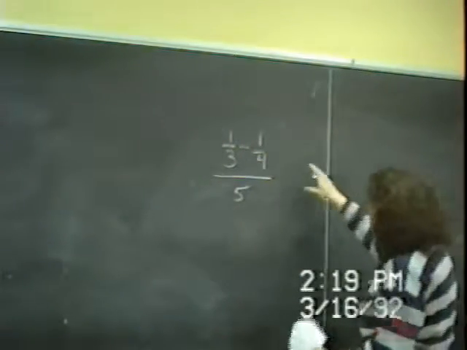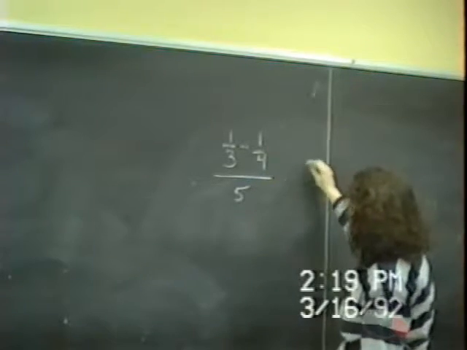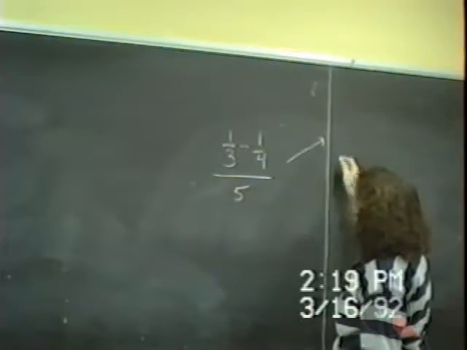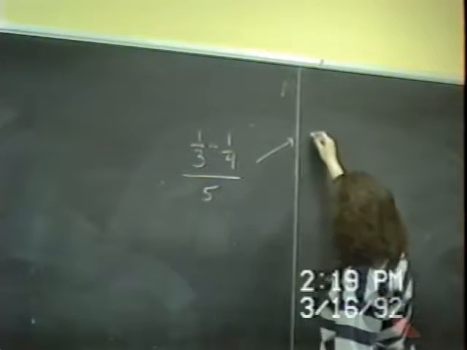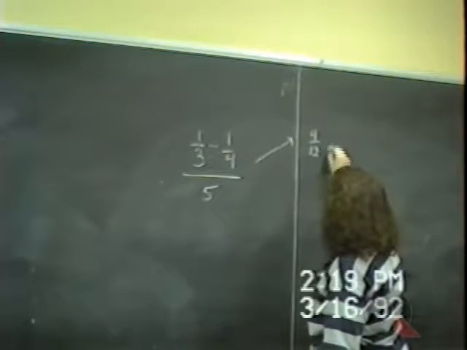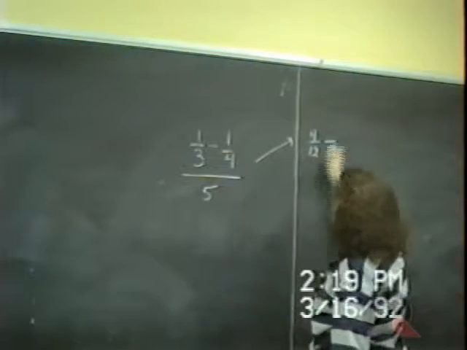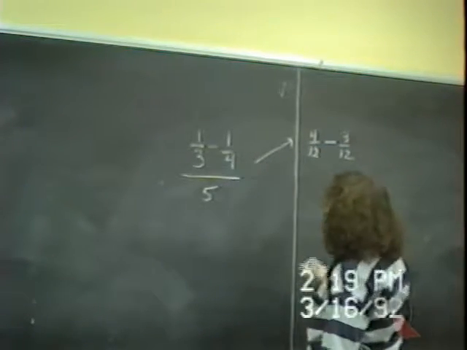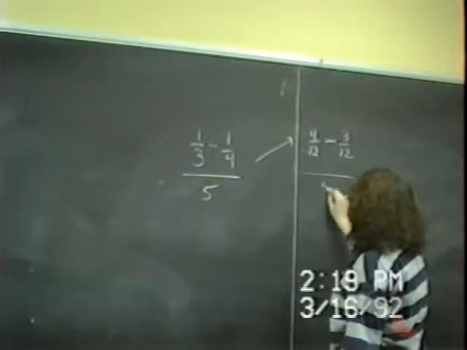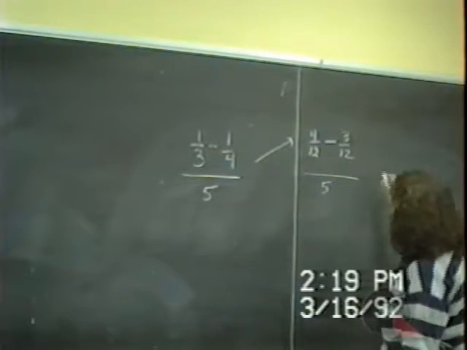There are two ways that we can approach this problem. One way is to say that 1/3 is really 4/12, and 1/4 is really 3/12. In order to subtract fractions, they have to have the same denominator, divided by 5.